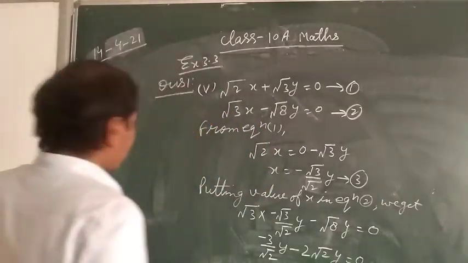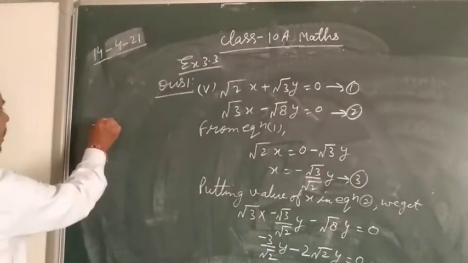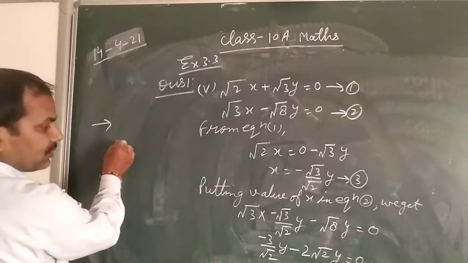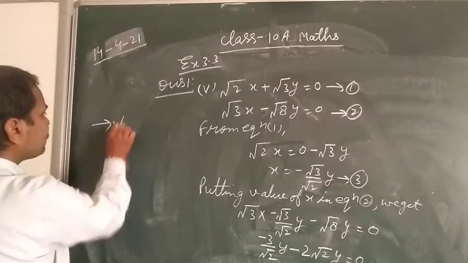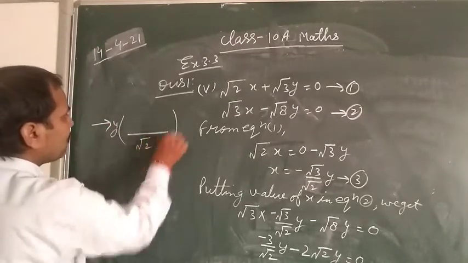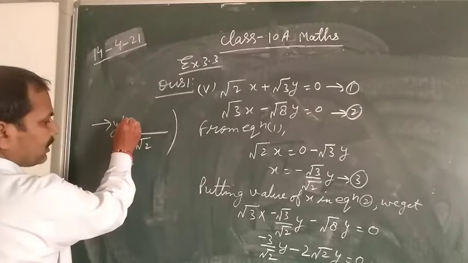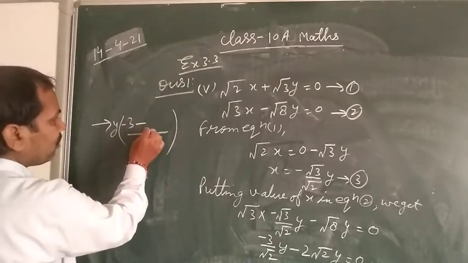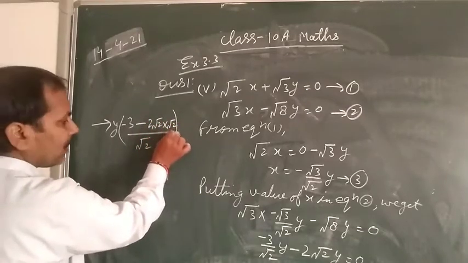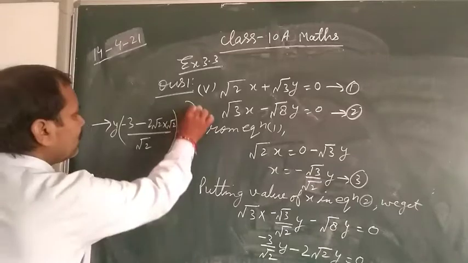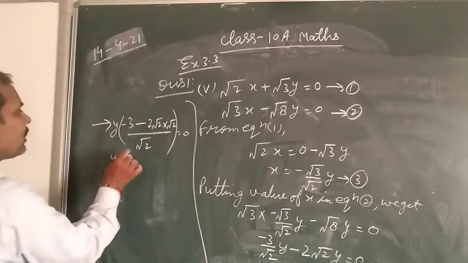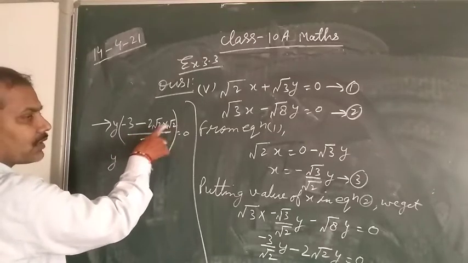Clear? So after this, see here. Take y common from both, and then take the LCM. So here minus 3 minus 2 under root 2 into under root 2, which is 2.